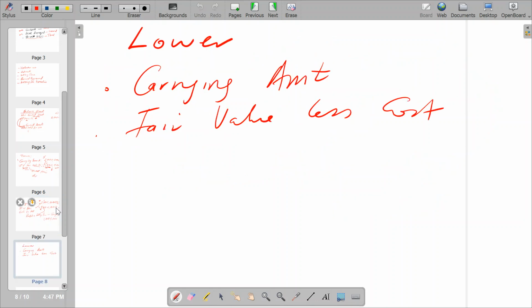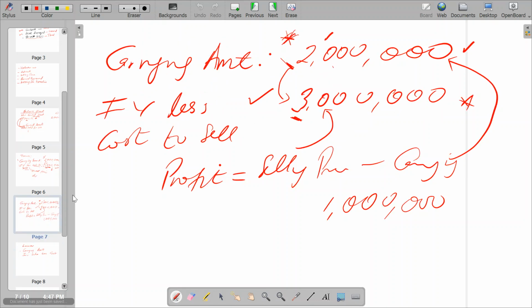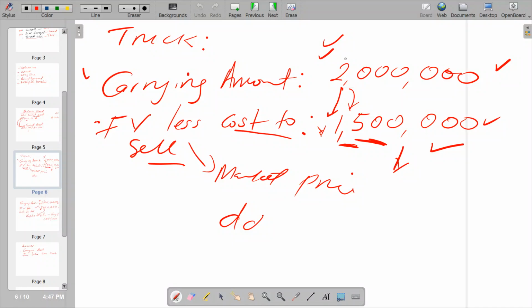But another issue is, if you have a situation like this where the carrying amount is more than the fair value less cost to sell, after picking the lower figure, which is the fair value less cost to sell, you also have to recognize impairment. Like I said, this asset has been impaired because the carrying amount is more than the fair value.